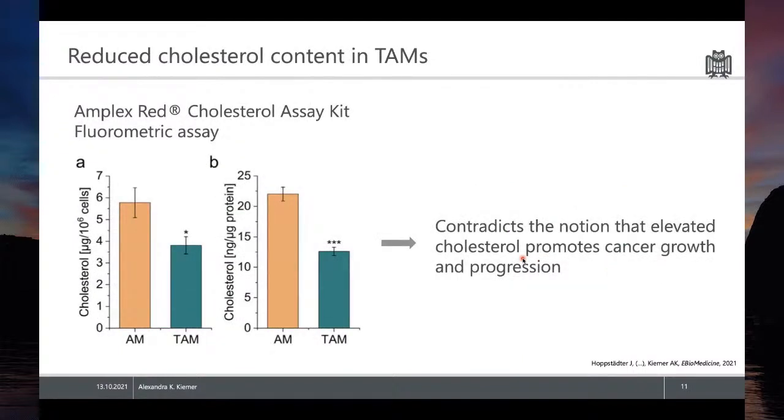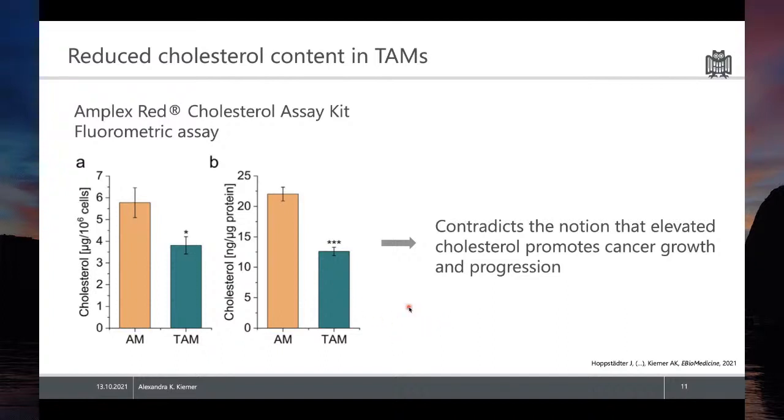And so we obviously wanted to know what their cholesterol levels are. We did this with a fluorometric assay. When we compared the cholesterol levels in tumor-associated macrophages with alveolar macrophages, we saw a really significant downregulation, no matter whether we related these amounts to the cell number or to the protein levels of these cells.